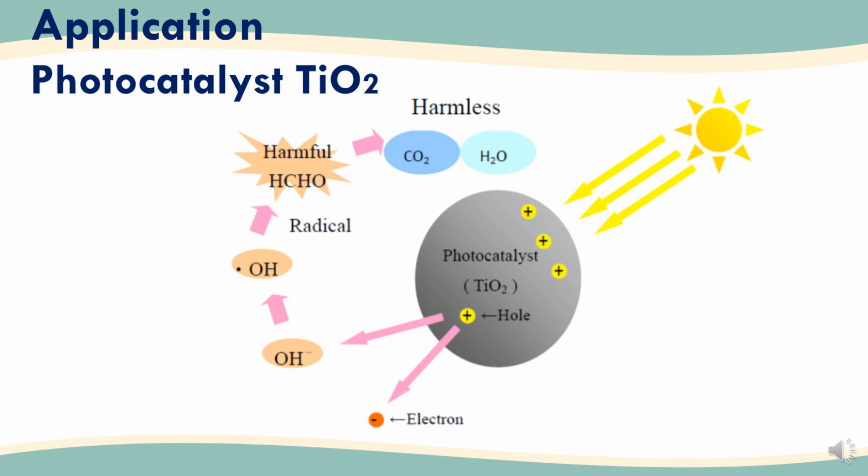Once the hydroxyl radical encounters organic matter, it will take electrons back, and the organic molecule will fall apart due to the collapse of the bonds. In 1972, Professor Fujishima of the University of Tokyo discovered the photocatalyst, and this discovery is known as the Fujishima effect.